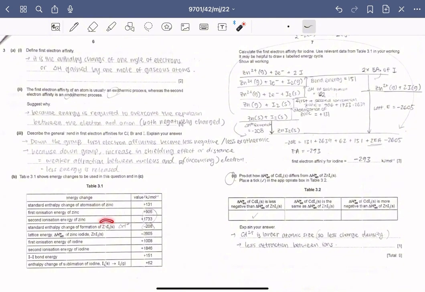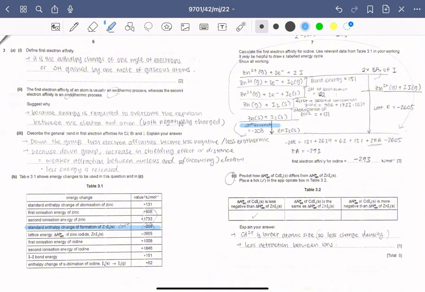The first step that forms this is the enthalpy change of formation, which goes downwards. The standard enthalpy change of formation of ZnI2 is -208.